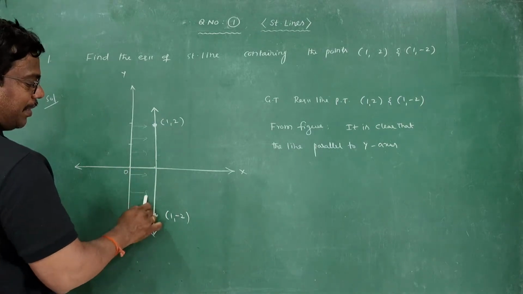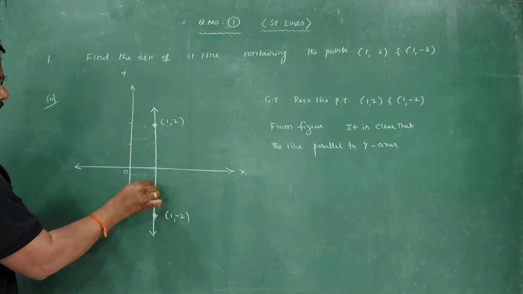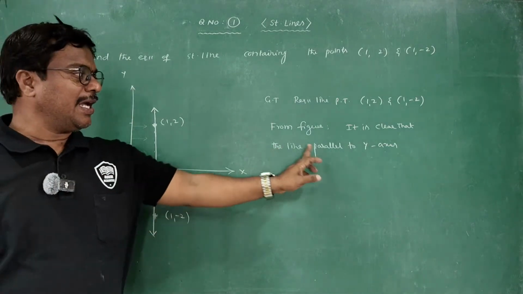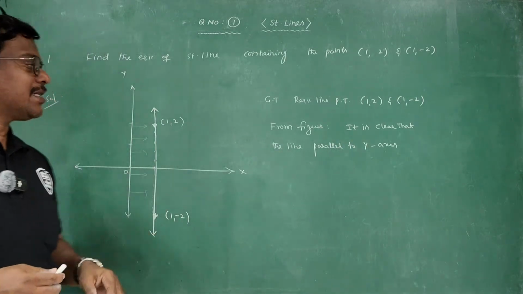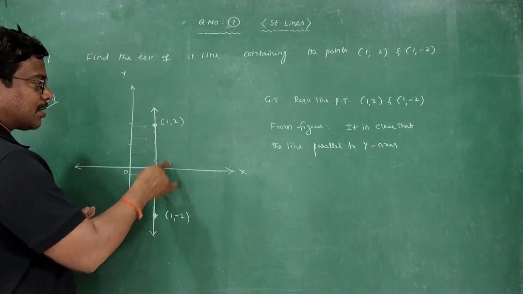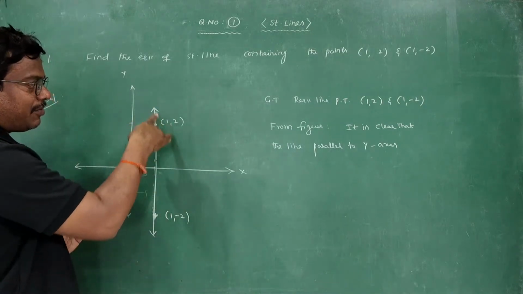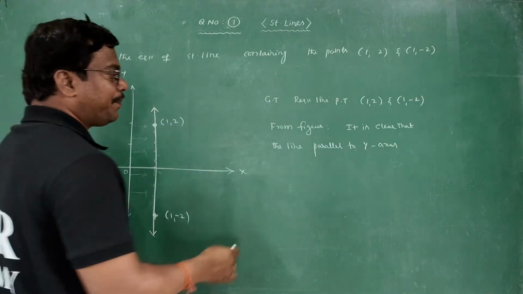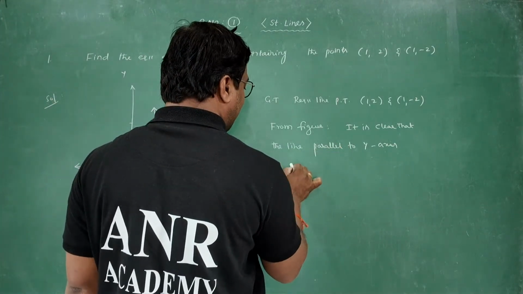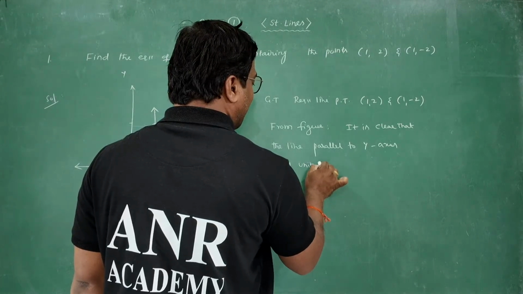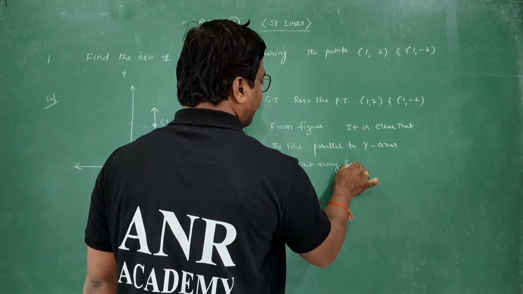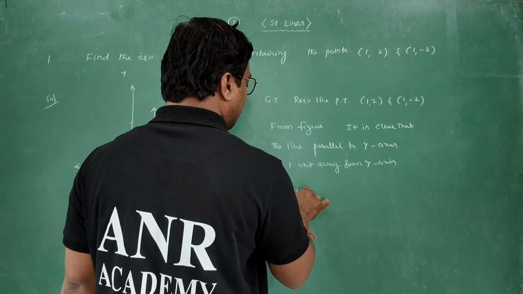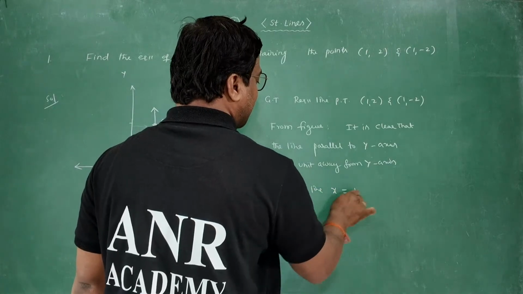This is 1 unit, right? So each and every point on the line is 1 unit away from the y-axis, and you know that a line parallel to the y-axis is denoted by x equal to constant. Here the x coordinate is fixed, right? From these 2 points it is very clear the x value is fixed at 1. So the line is parallel to the y-axis, and it is 1 unit away from the y-axis, which implies the required line is x equal to 1.